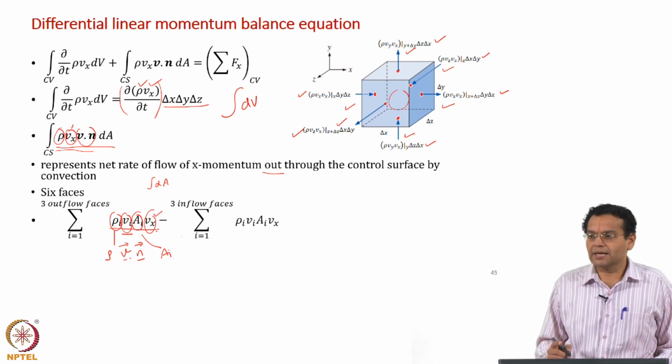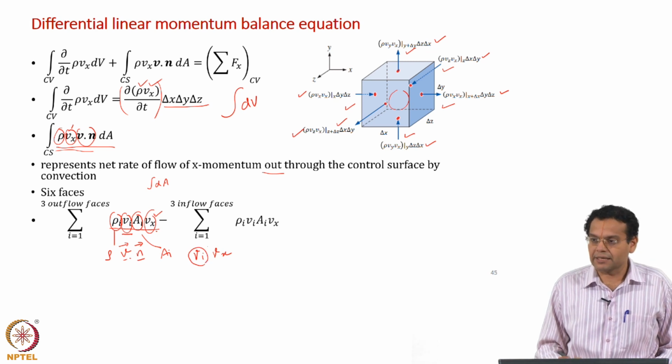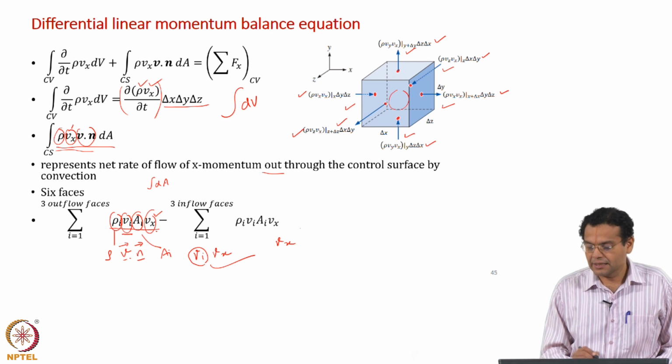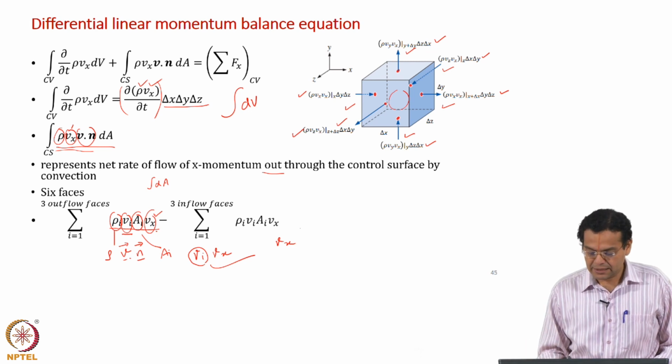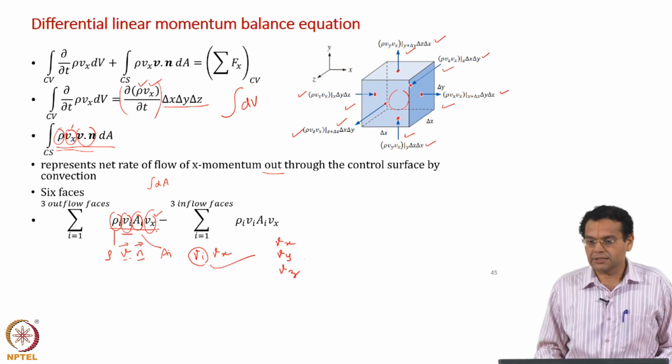So, here you have 2 velocities, what is that? We have V_i and then we have V_x. This V_i depends on the phase for which we are writing. That V_i could be V_x if you are considering the phases along x direction, it could be V_y if you are considering phases along y direction, V_z phases along z direction.